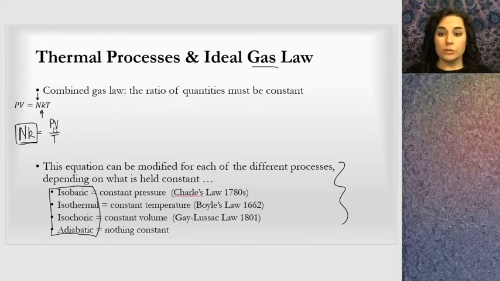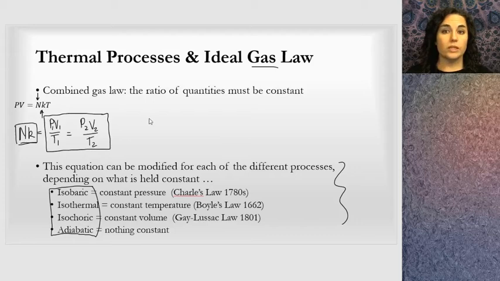So what we can do is say, okay, if I have one state of pressure, volume, and temperature, it must be constant in proportion to another state of pressure, volume, and temperature. And so this equation is frequently used in conjunction with thermal processes.